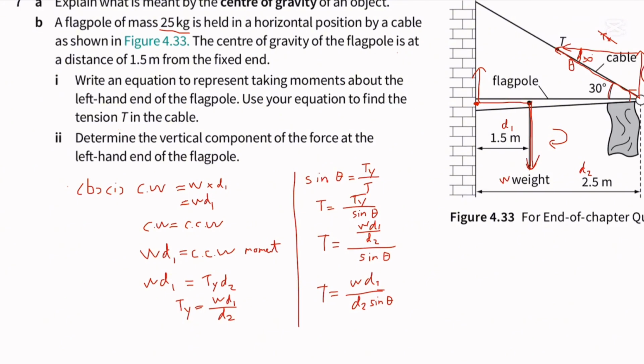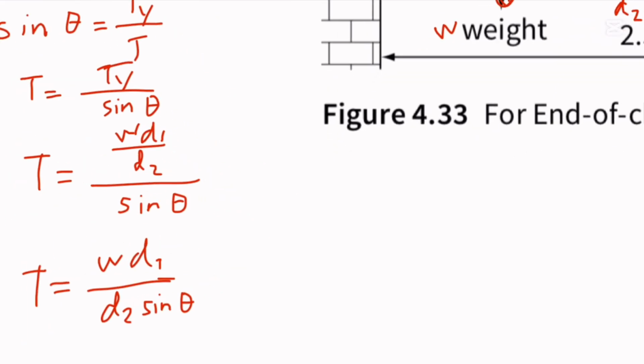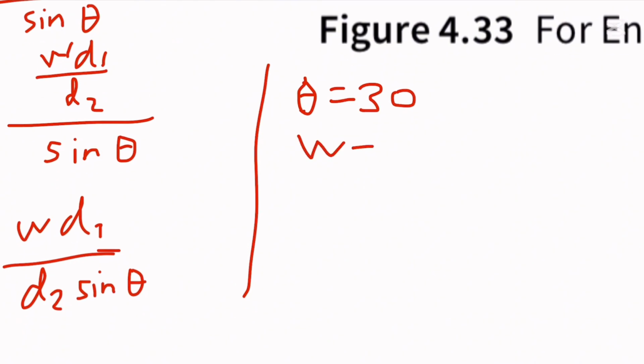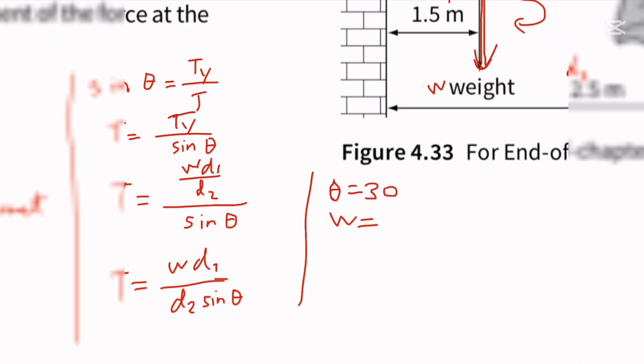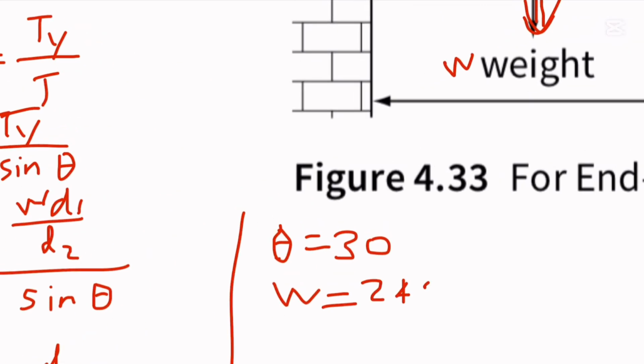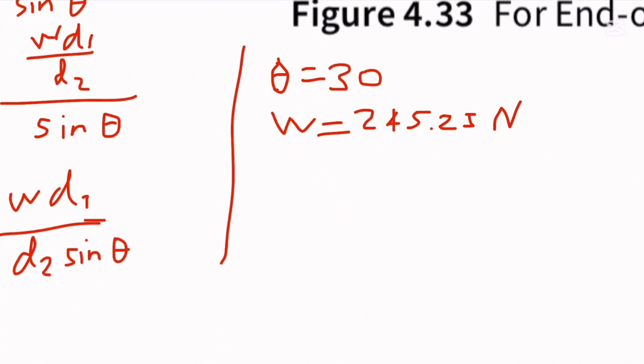Okay, so now let's try to find the tension. So theta is 30, W is 25 multiplied by 9.81, so that would be 245.25 newtons.